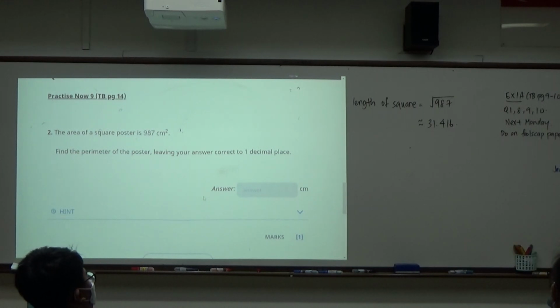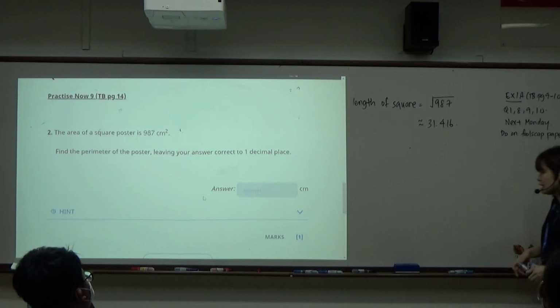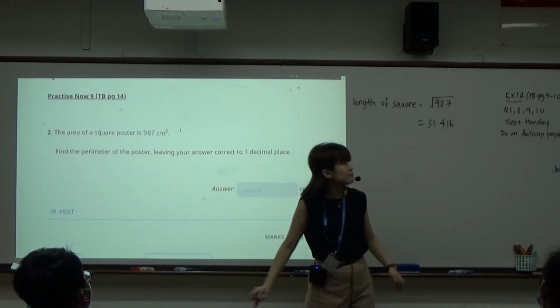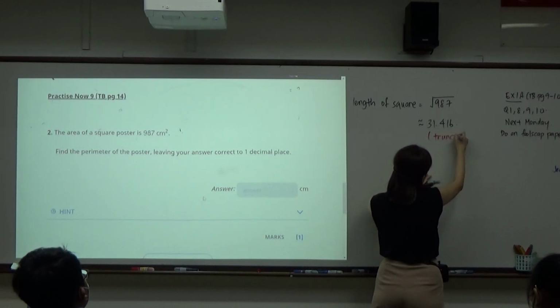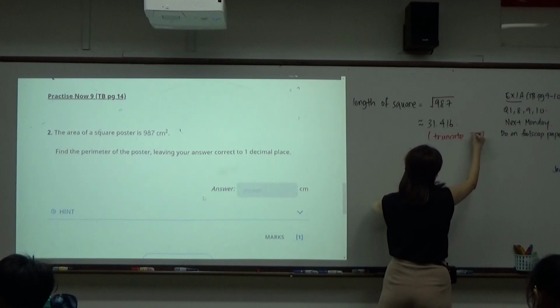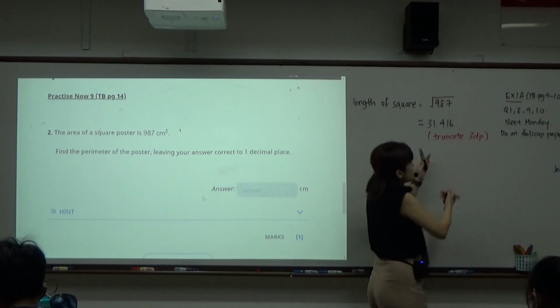But this is not all the numbers you see in the calculator, right? There's more, isn't it? At this point, before we go into Chapter 3, I want you to leave your answers up to 3 decimal places, and I don't need you to round it off. You just have to truncate.